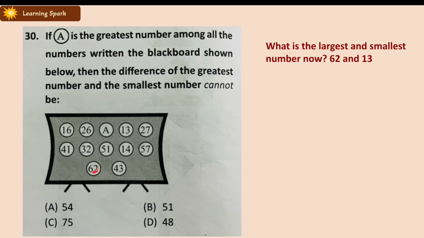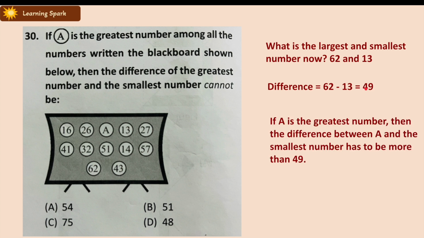Here on the board 62 is the largest number, and the smallest number is 13. So what is the difference between 62 and 13? It is 49. Now it is saying that A is the largest number. We don't know the value of A, but we know that the difference between A and 13 will be more than 49.